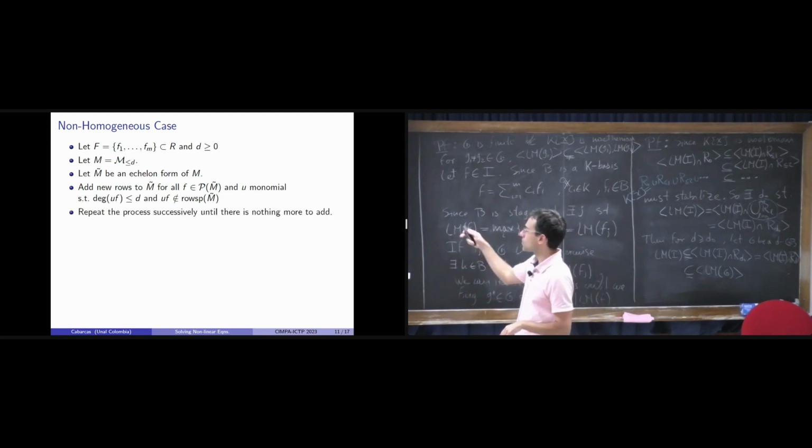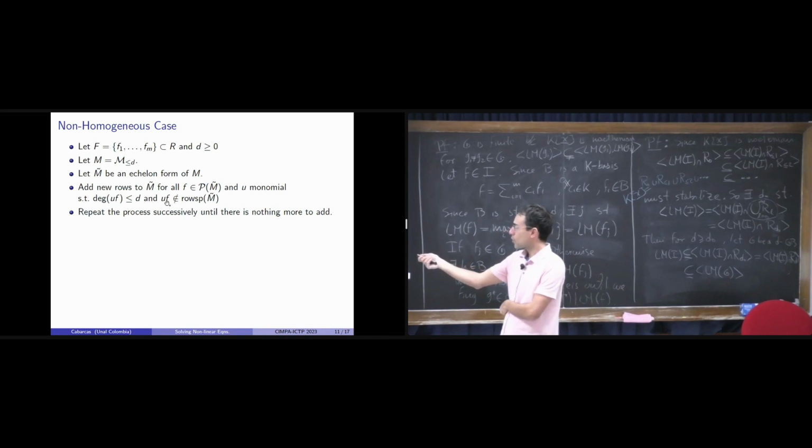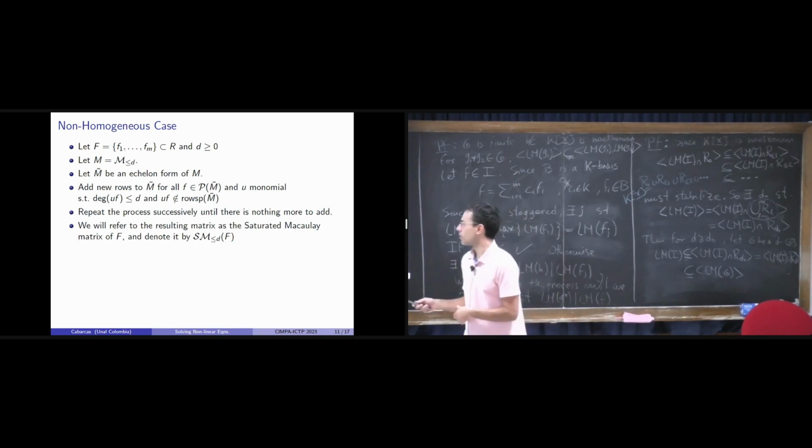Repeat this process successively until there's nothing more to add, until there's nothing that drops in degree and we can add. And we will refer to this as the saturated Macaulay matrix.